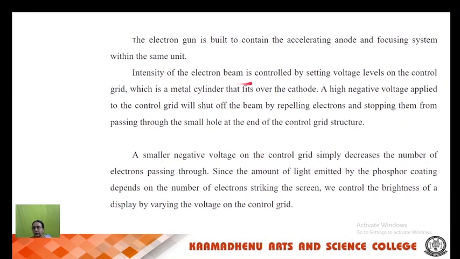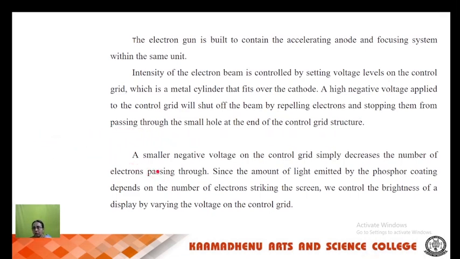The intensity of the electron beam is controlled by setting the voltage level on the control grid, which is a metal cylinder that fits over the cathode. A high negative voltage applied to the control grid will shut off the beam by repelling the electrons and stopping them from passing through the small hole at the end of the control grid structure.